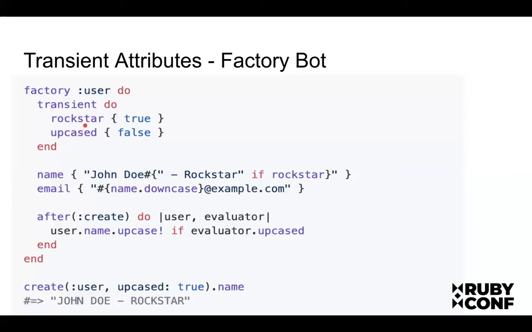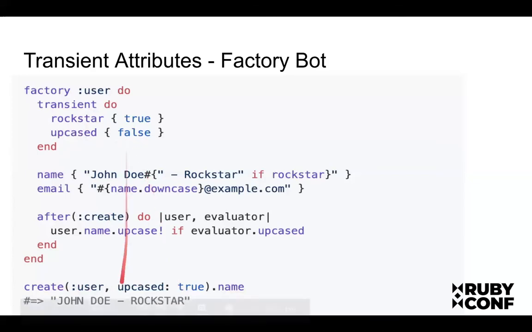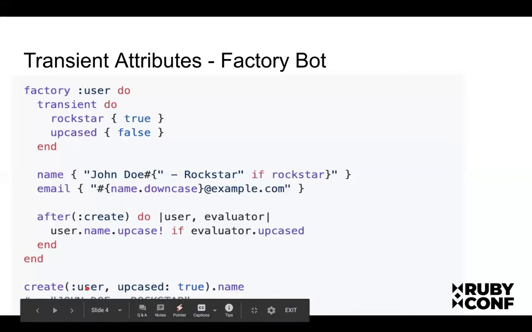If we want to change the value of any of these attributes, we can pass the updated value, on which we will perform some actions while creating the object, as we are doing over here. By default, upcase is false, but while creating the object of this user, we pass upcase true.